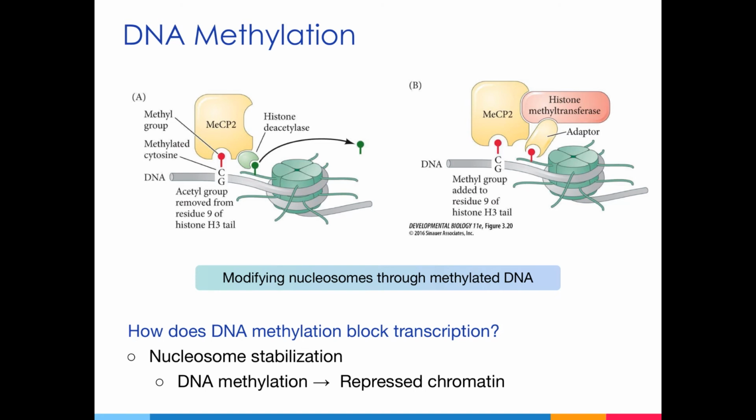So the methylation on the DNA is not only going to prevent the binding of transcription factors, but it will also recruit these proteins that are going to lead to the stabilization of the nucleosomes. And in turn, that's going to repress transcription because it's going to make it more difficult for other transcription factors and for RNA polymerase to bind to that region.